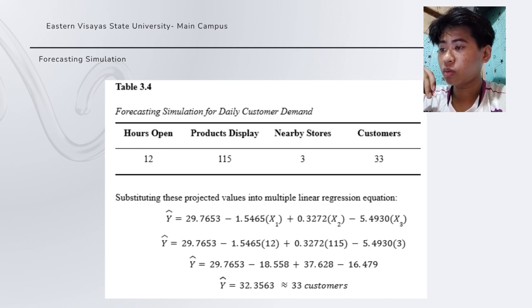So it becomes y hat equals 29.7653 minus 1.5465 times 12 plus 0.3272 times 115 minus 5.4930 times 3, and we get the value of 29.7653 minus 18.558 plus 37.628 minus 16.479, and we get 32.3563, or approximately 33 customers per day.